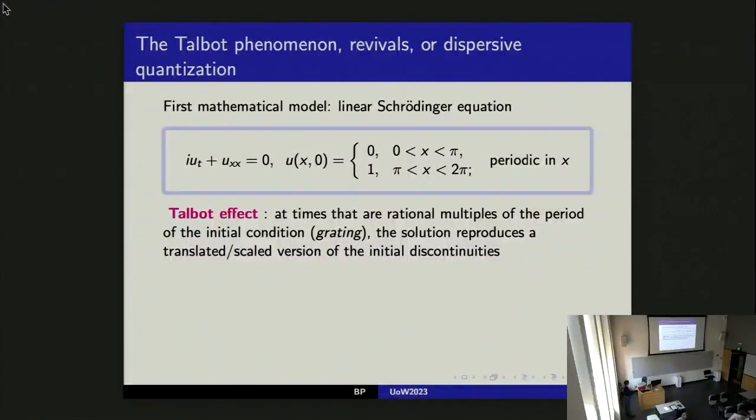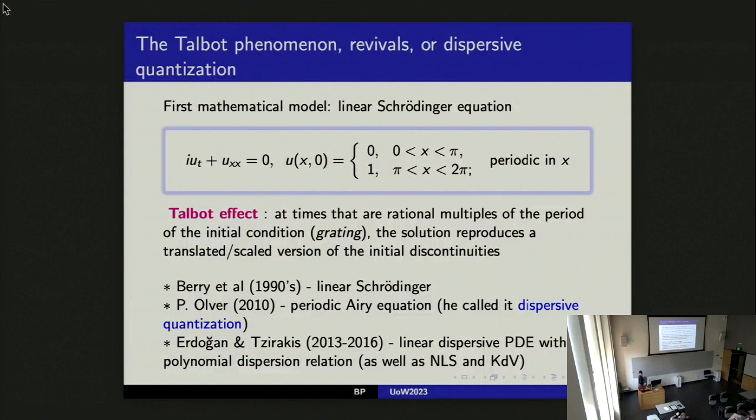And at times that are rational multiples of the period, in this case rational multiples of 2 pi, which I will call rational times, but really it depends on the period, the solution reproduces a translated, scaled version of the initial discontinuities. Okay, that's more or less what we have seen in those pictures.